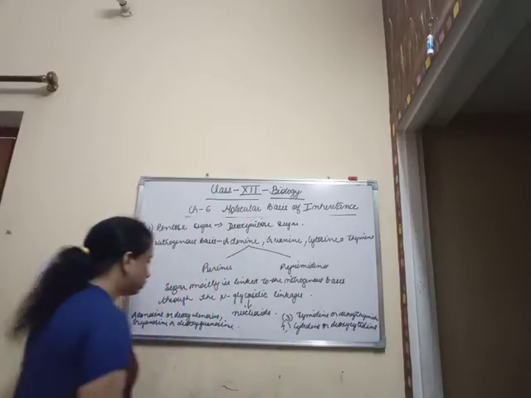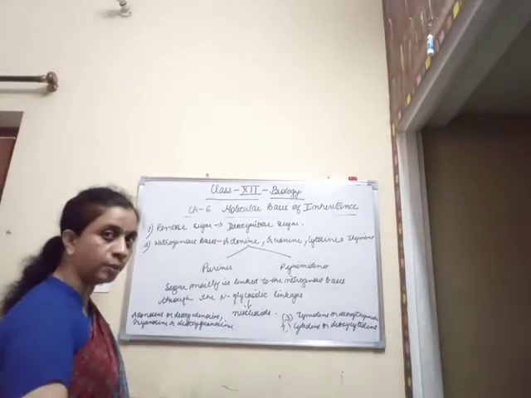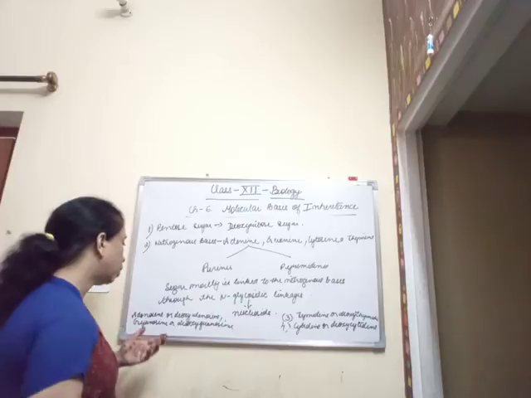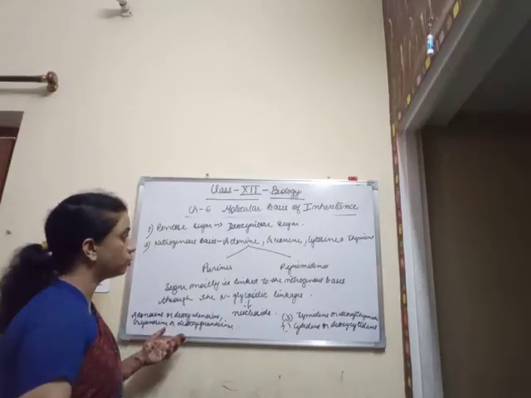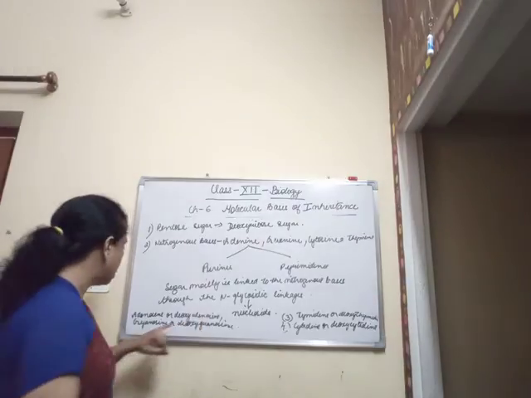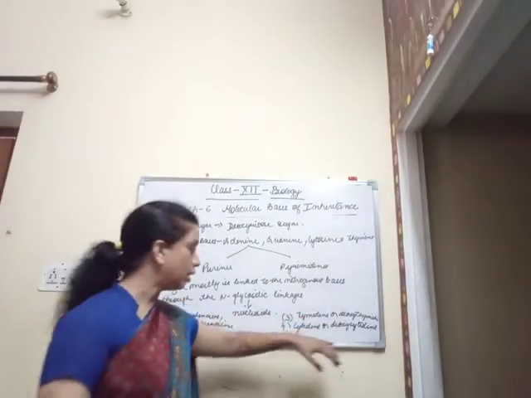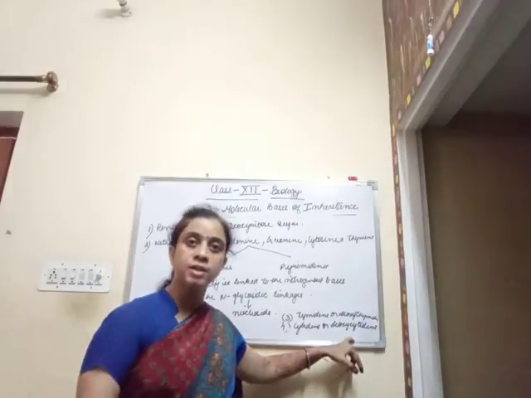Clear? So these are the four nucleosides formed by the combination of the sugar moiety and the nitrogenous bases, that is adenosine or deoxyadenosine, guanosine or deoxyguanosine, thymidine or deoxythymidine, and cytidine or deoxycytidine.